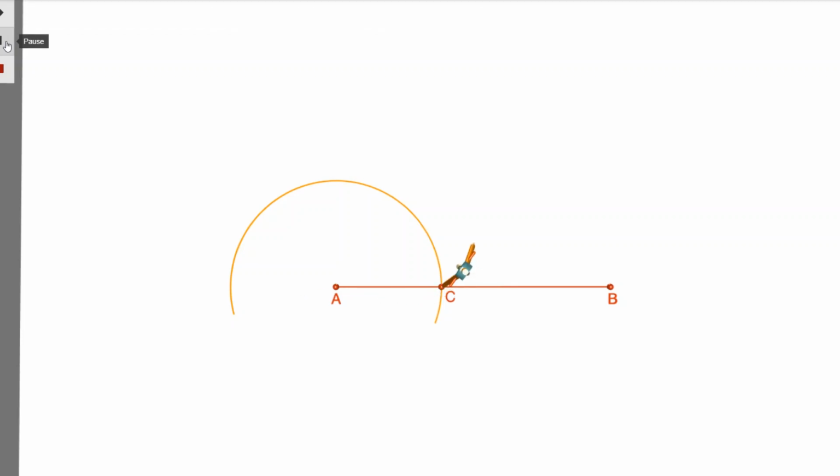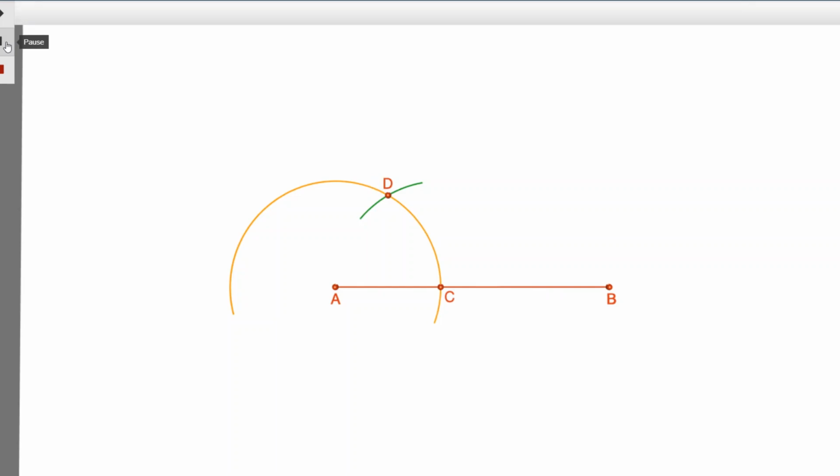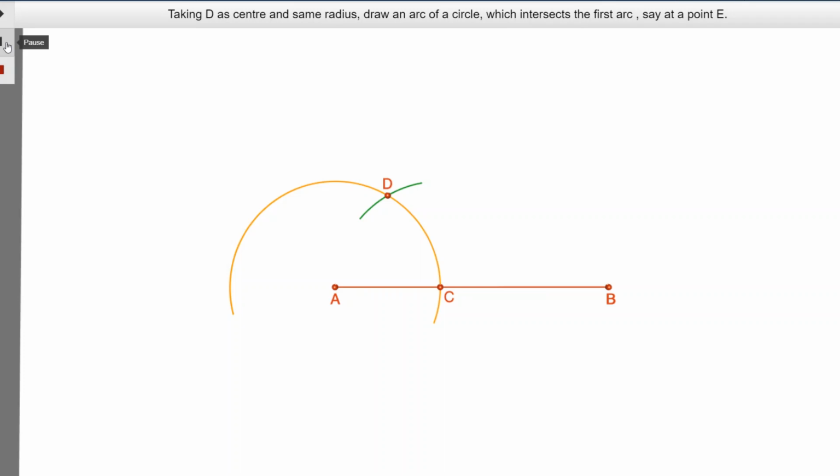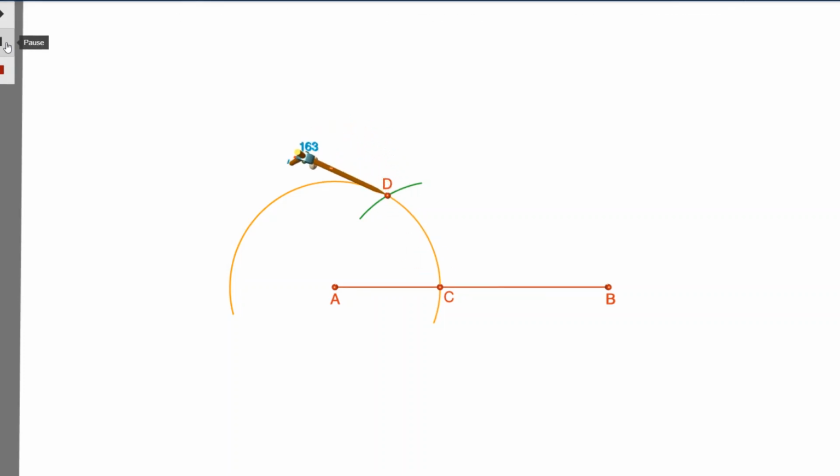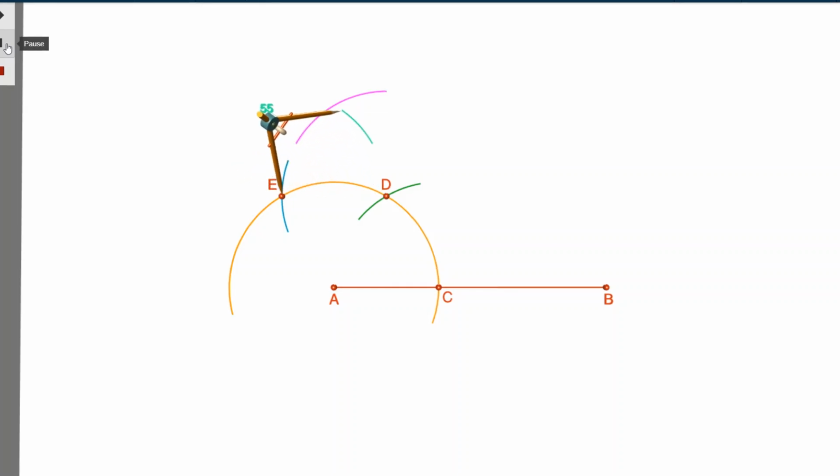Now with center C and the same radius, draw an arc to intersect the previous arc at some point, say at D. Taking D as center and the same radius, draw an arc to cross the first arc at some point, say the point is E. With center D and any radius, here you can change the radius, draw an arc.